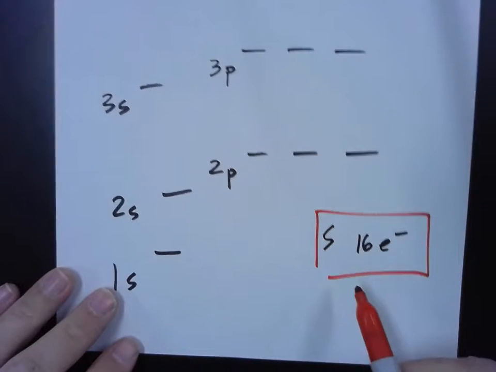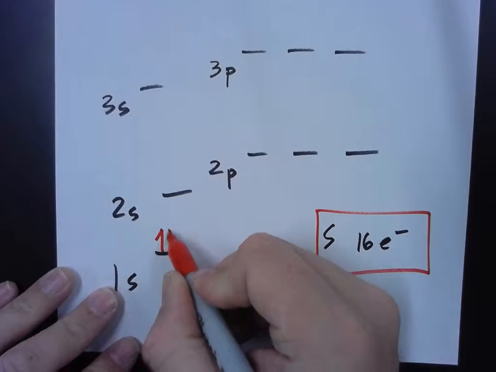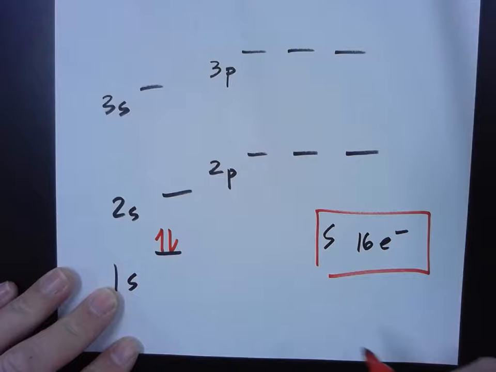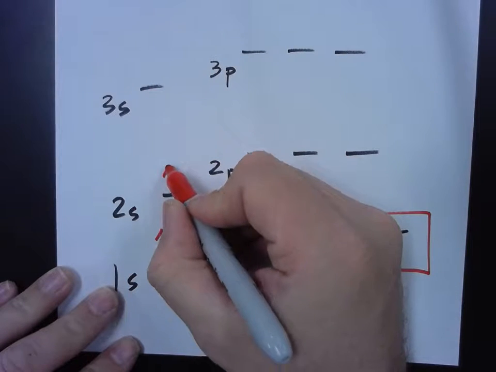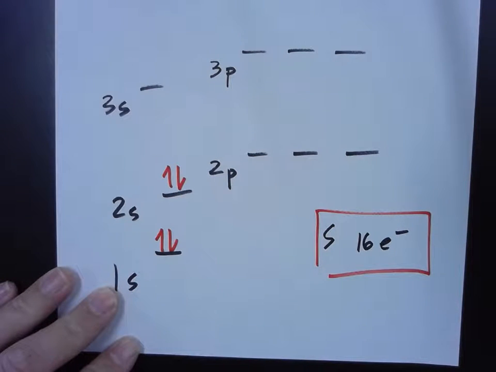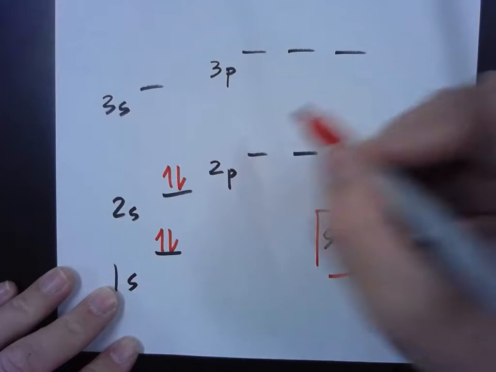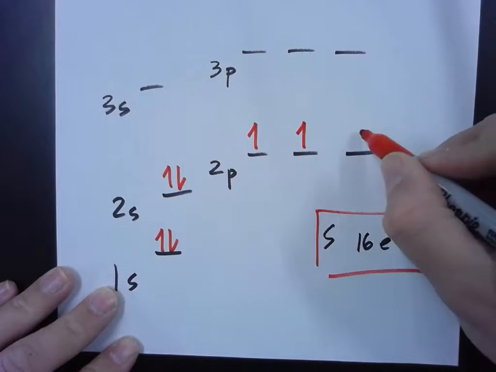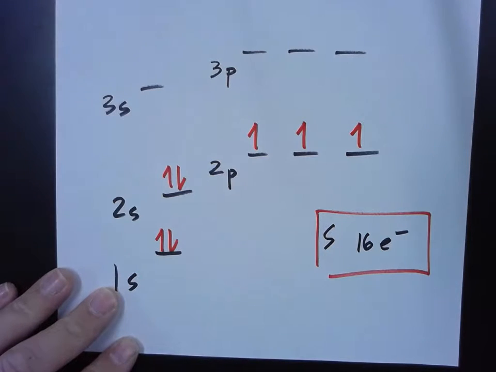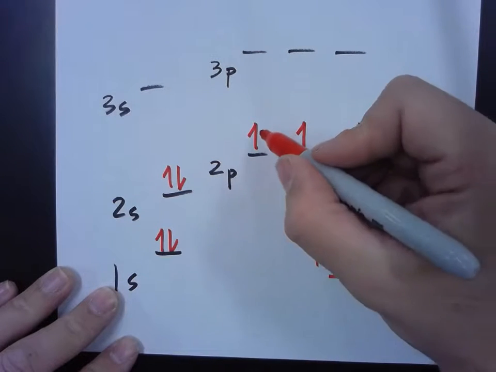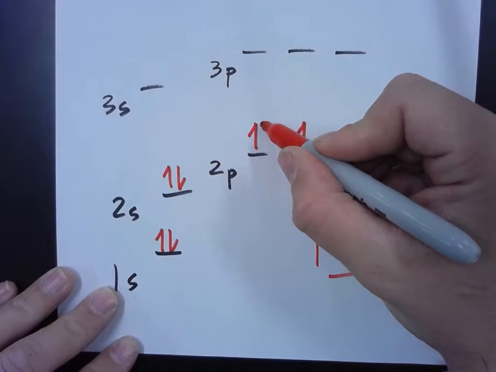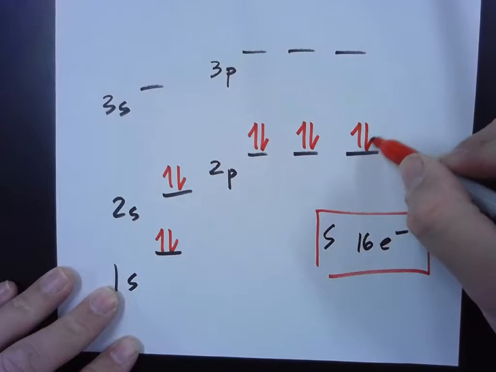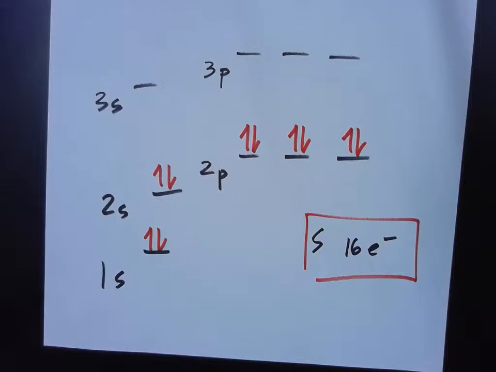Well, the first two are easy to fill up. It goes like that, 1, 2. Next, 3, 4. All right, here's how you fill these up. I should have done it the other way, but I was too busy trying to count. It goes like this first, then you can fill in your P, like so.